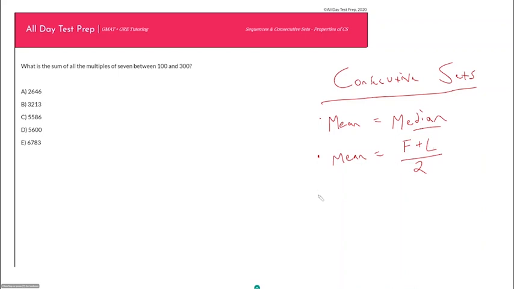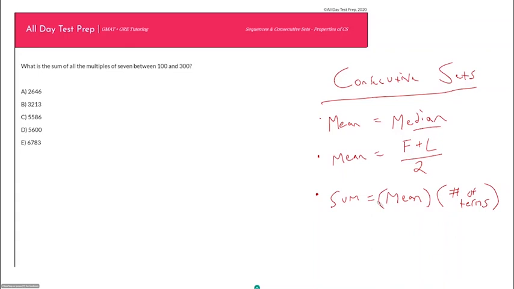And then the last property, this isn't a property of consecutive sets. This is a property of all sets of numbers, but it comes up commonly with consecutive sets. And that is the sum for any set of numbers should be equal to the mean times the number of terms in the set. The reason this comes up most commonly with consecutive sets is because if you were given a truly random set of numbers, it usually would be pretty hard to find the mean.